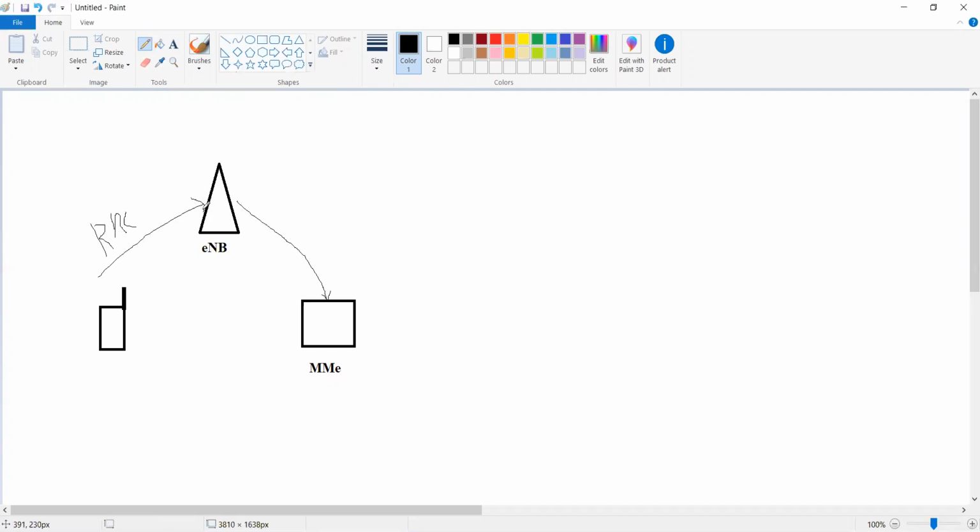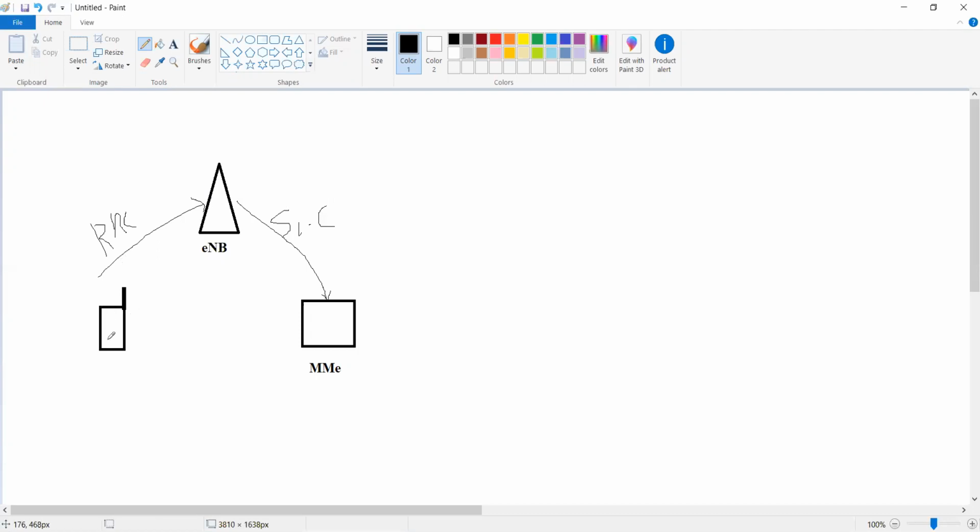After some time, when you don't send or receive any traffic data, it will go into idle mode. This UE will go into idle mode and there will be no RRC connection. You will get a message, RRC connection release. After some time, the S1C connection will also go when you don't use your UE.